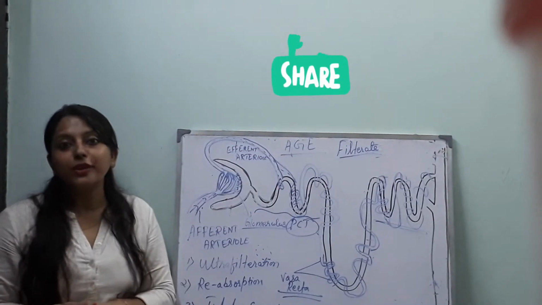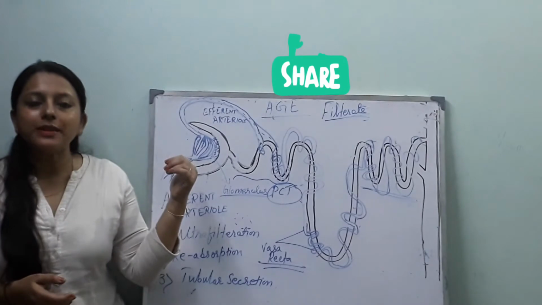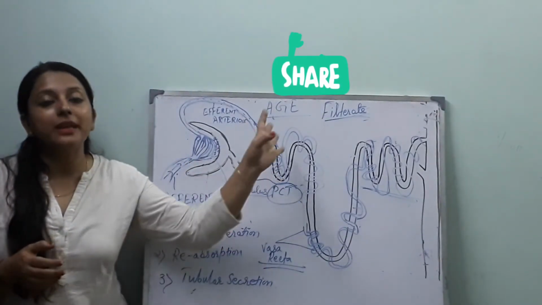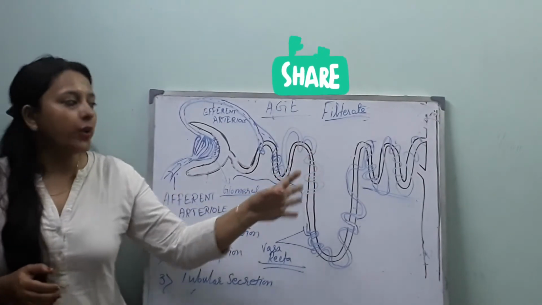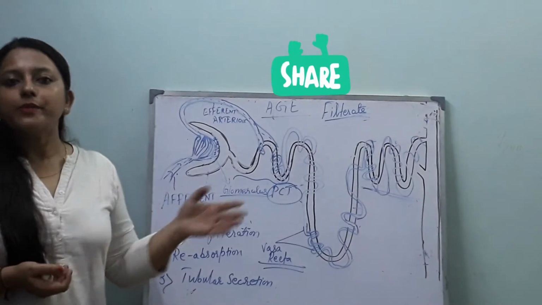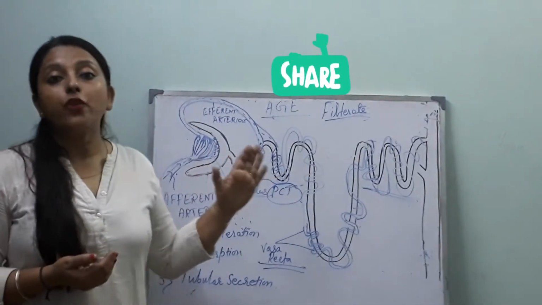Though 180 liters of filtrate is formed in our Bowman's capsule, 99% is reabsorbed again by the different parts of our nephron, and finally only 1% comes out from our body. Now, how does reabsorption take place in different parts of the nephron?